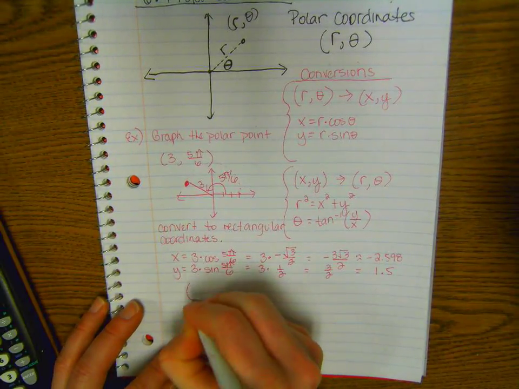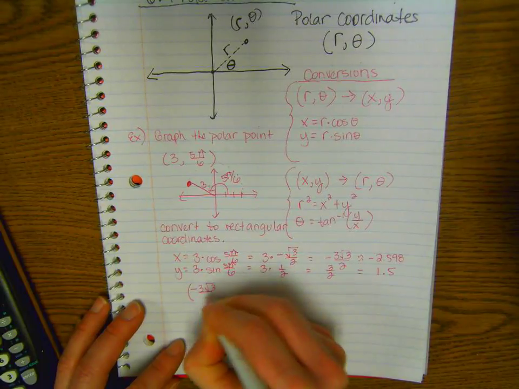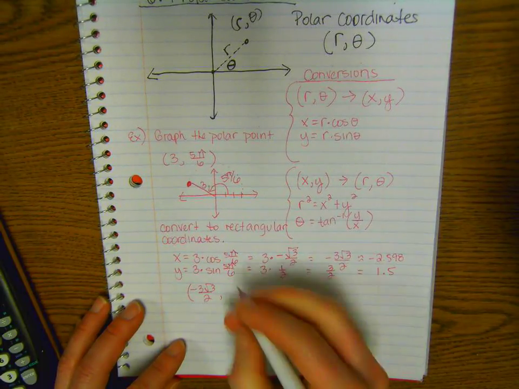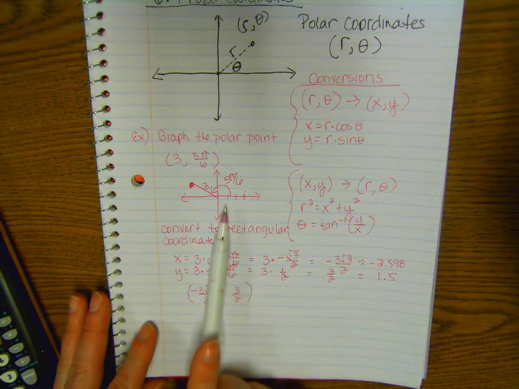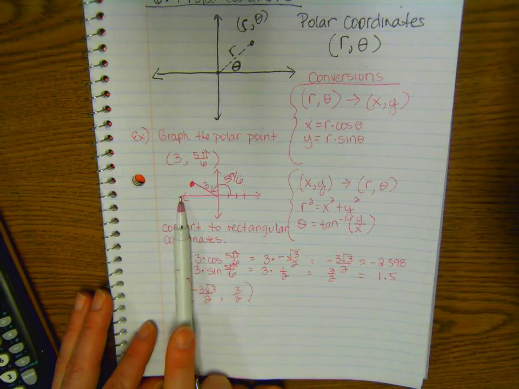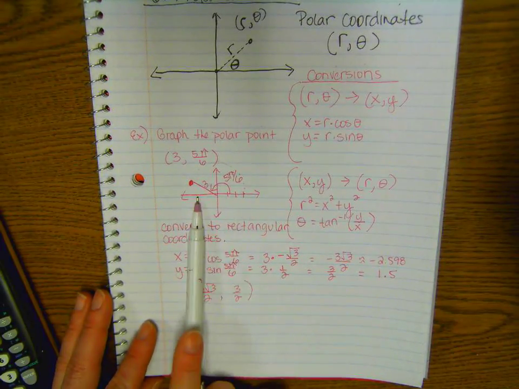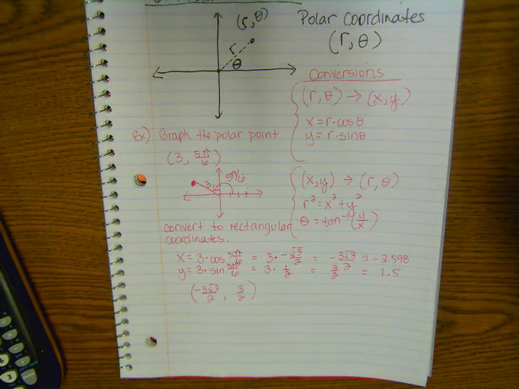So the rectangular coordinates are negative 3 root 3 over 2, which we said was approximately this, and 3/2. And hopefully if you're looking, that's reasonable, okay? It's not going to be quite as far as negative 3 because it's been rotated, and then it's going to be up about 1.5. Okay, so that's how we convert things.